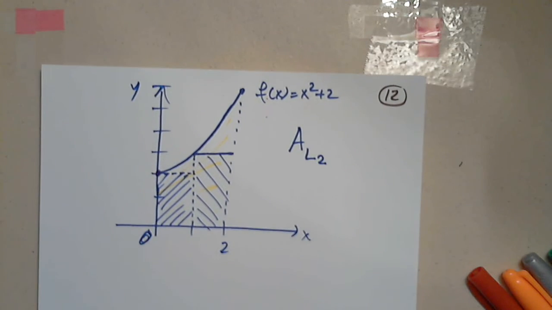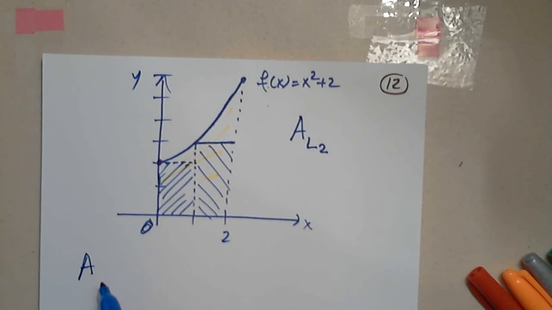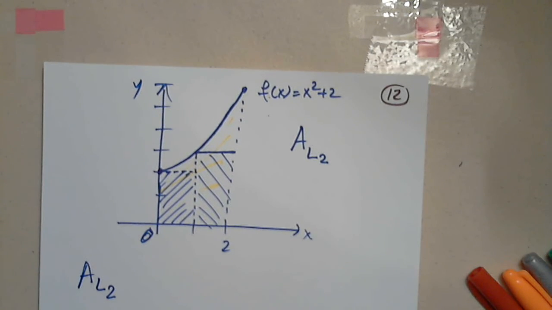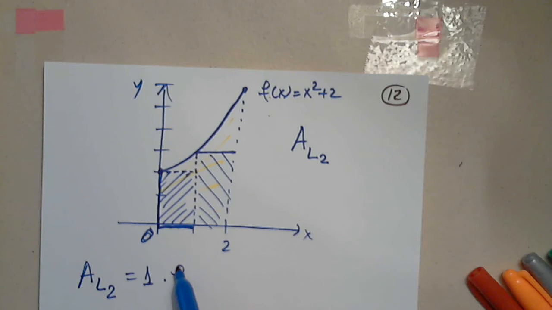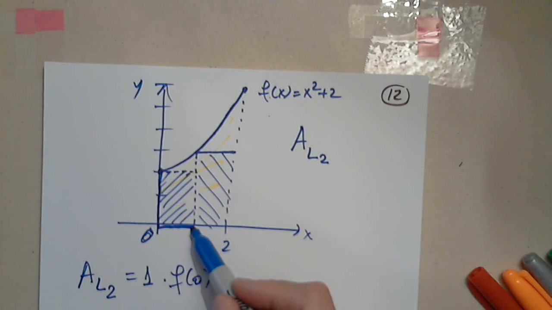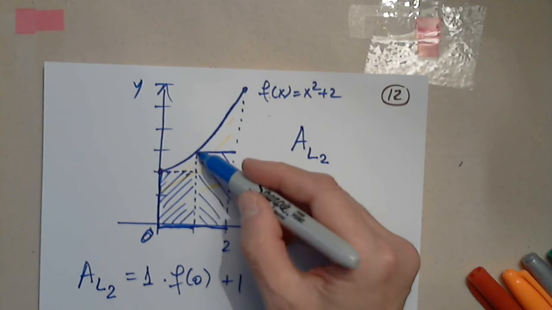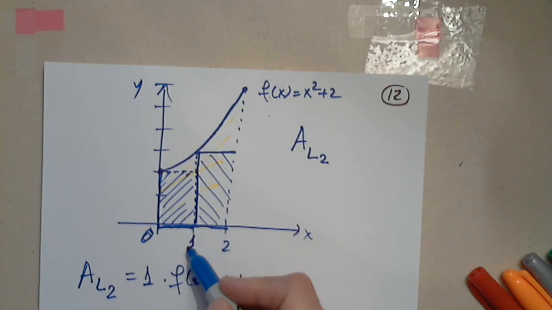Okay, so let's determine it. The area approximated with 2 subintervals using the leftmost point will be base 1 times height f of 0, plus base 1 times height f of 1.